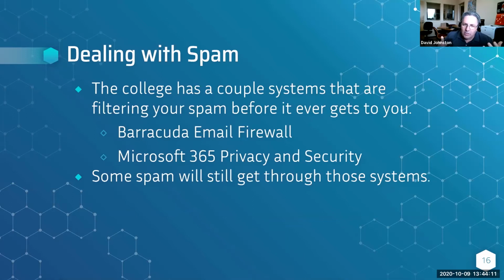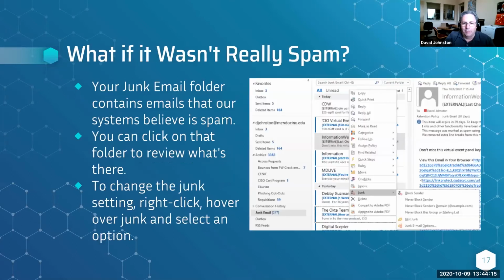Of course, some spam still gets through. We all get some. The spammers are getting smarter all the time. But you do run into circumstances where a message ended up in my junk folder, but for some reason it wasn't actually spam. What you can do is go into your junk email, find that email that's not really spam, right click on the message and pick junk.